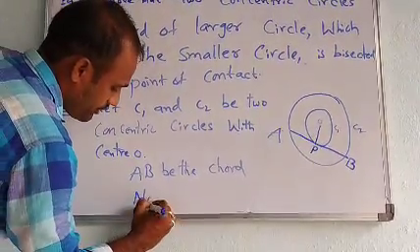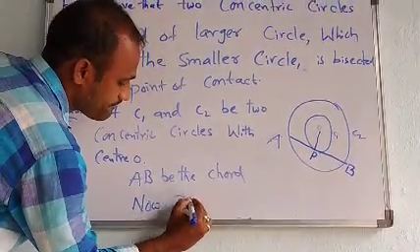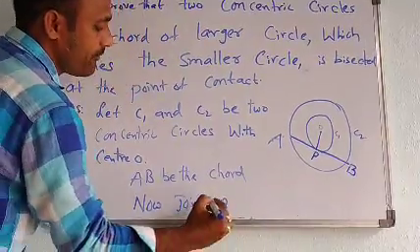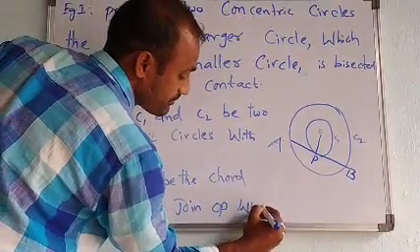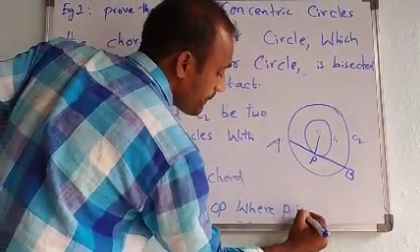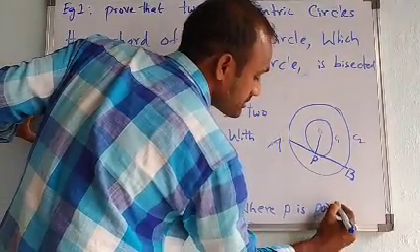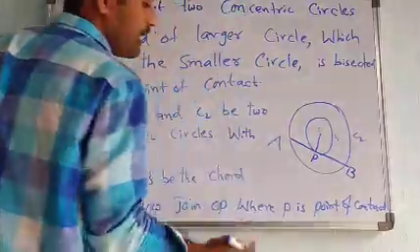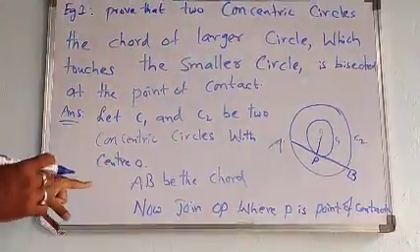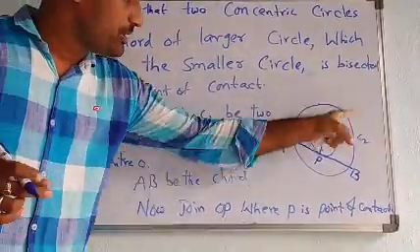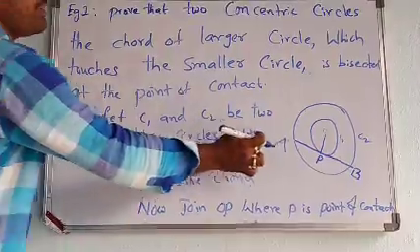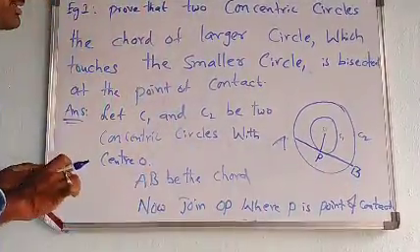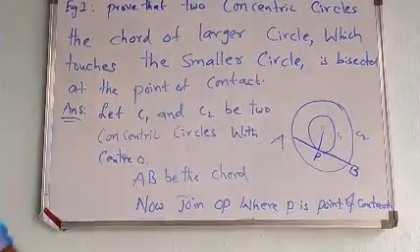Now join OP, where P is the point of contact. We can give any name, I am giving P. So here let C1 and C2 be the two circles with center O, AB be the chord and P be the point of contact. Now let us see.